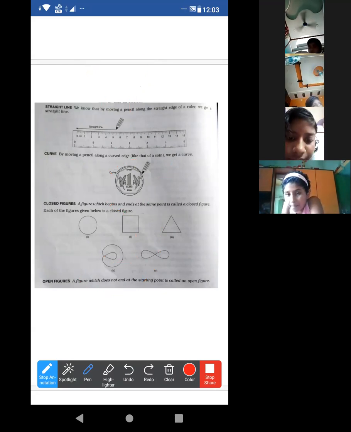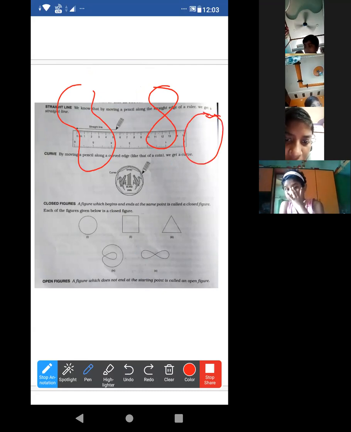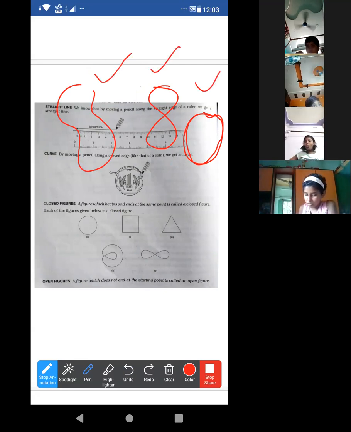Below of that, draw any figure, this one, and also you can draw this one. Also you can draw this one. Draw this figure. Below of curve, you have written curve. Below of it, draw these three figures. After that, give heading, closed curve, open curve.